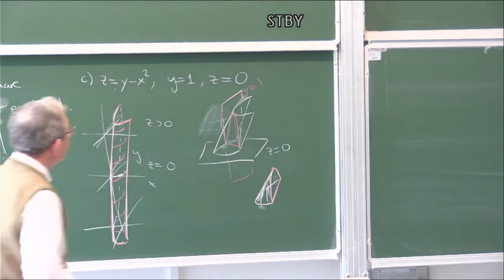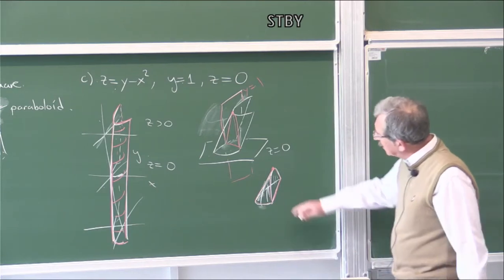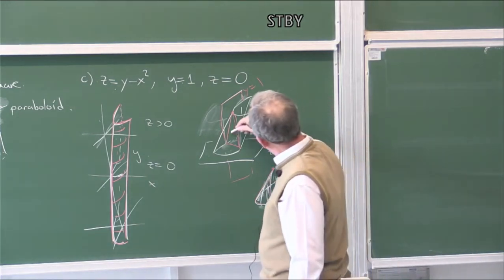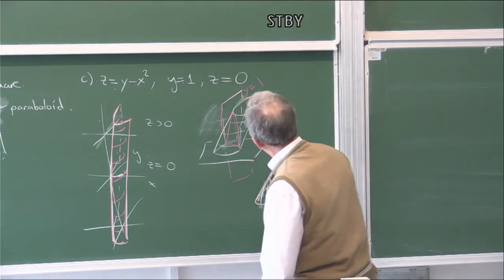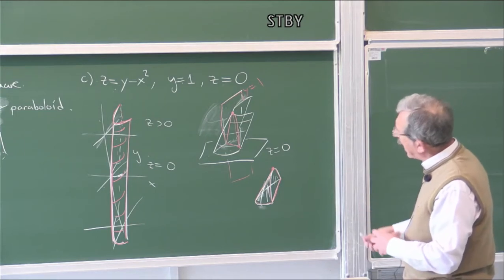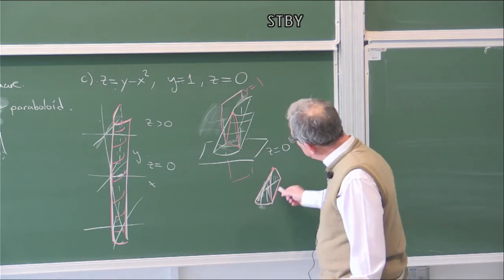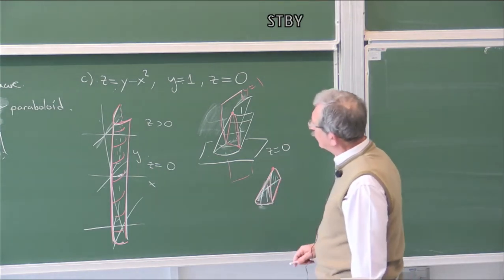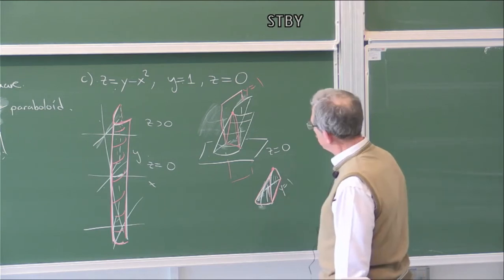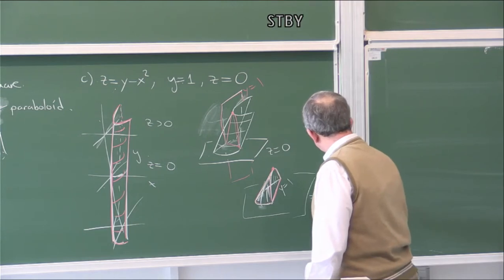Now, the important thing to observe here is that from the top, we have precisely this surface bounding it. And at the bottom, we have this D, the base, which is determined by y is 1 and the bottom z equal to 0 plane.